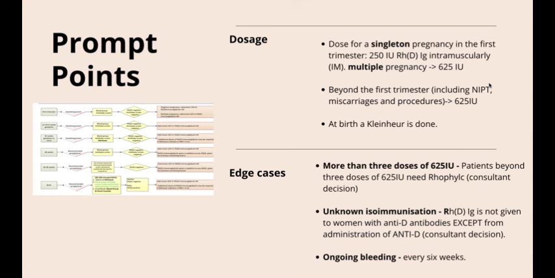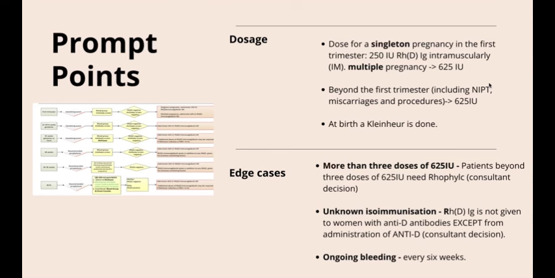So, for instance, it may be that it's not clear where the anti-D antibodies have come from. Have they come from the fact that someone has been given immunoglobulins this whole time, or is it because they have innately made their own anti-D because of a sensitizing event? And PROMPT says that's a consultant-led decision.